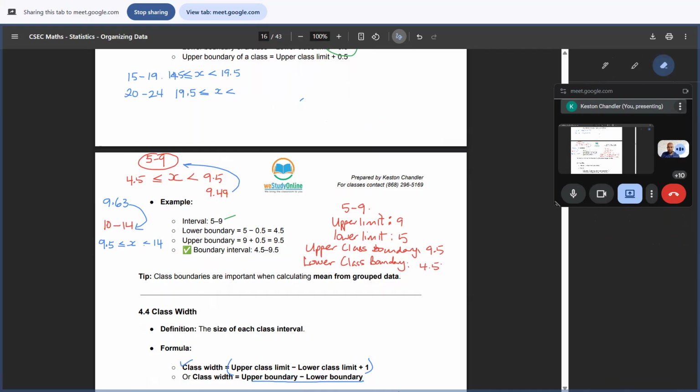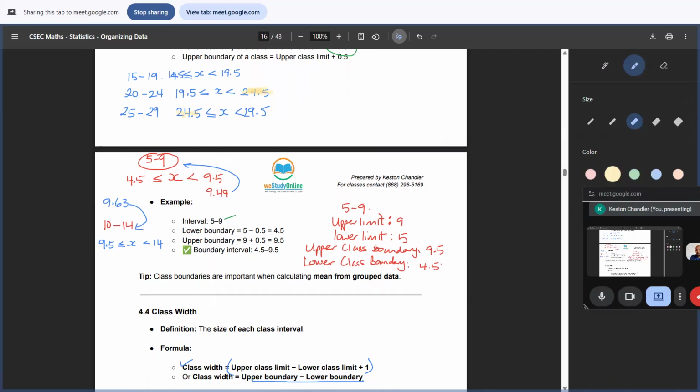It's better when you see them next to each other like this. It's the same 19.5. This one will be 24.5. If I go to the other class, which is 25 to 29, my lower boundary here is 24.5, and my upper boundary is 29.5. Now you might ask, well, why is it repeating?